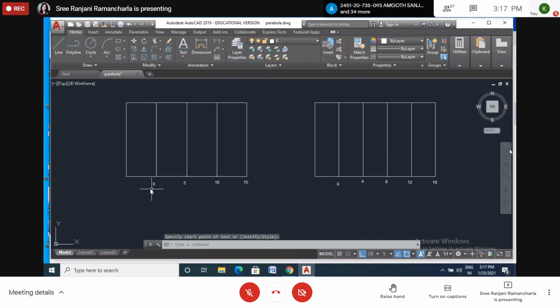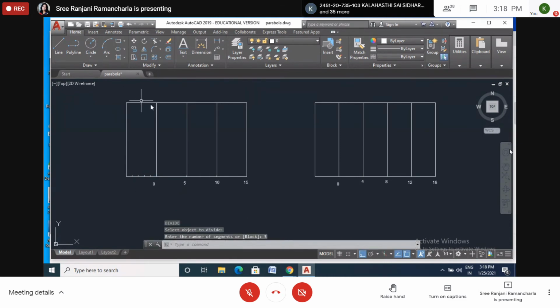Again here, how many divisions in the first case? 5 divisions, ma'am. Yes. Here 0 to 5, here we have to make 5 divisions. So here I want to divide, five.